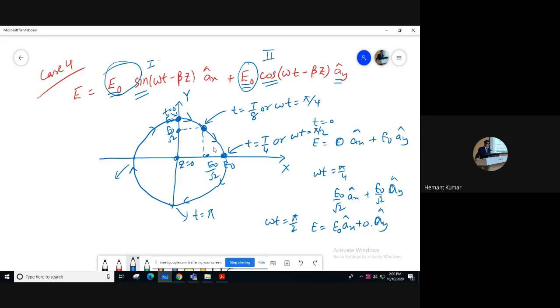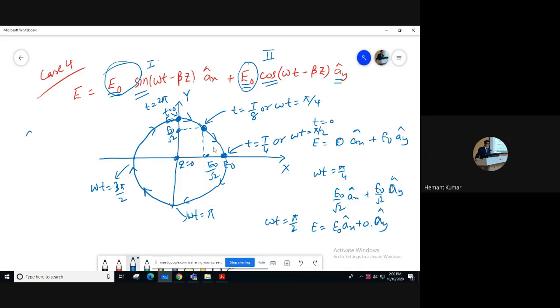At omega t equal to 3 pi by 2, you will reach here. At omega t equal to 2 pi, you will reach here. All the values are at equal distance from the origin, so it is the form of a circle, right? So what is the polarization of the wave? The polarization of the wave is circular.